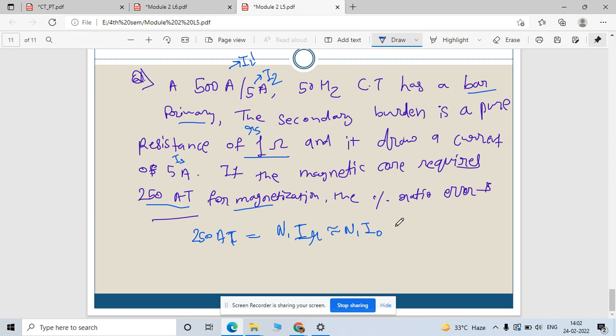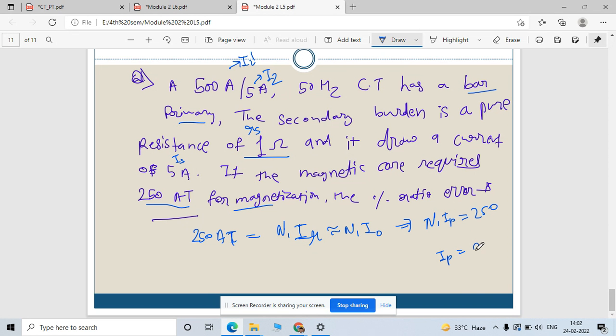From this you are able to find this IP, because primary current is nothing but your IP. So N1 IP, if we neglect these losses, is nothing but your 250 here. You can find that IP. N1, the number of primary turns, is one, since the bar primary is considered.